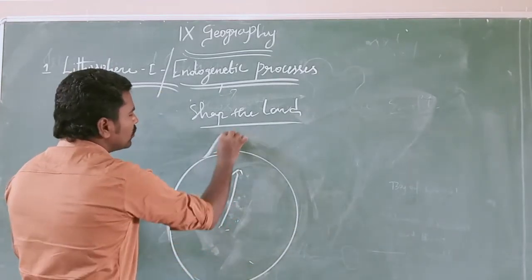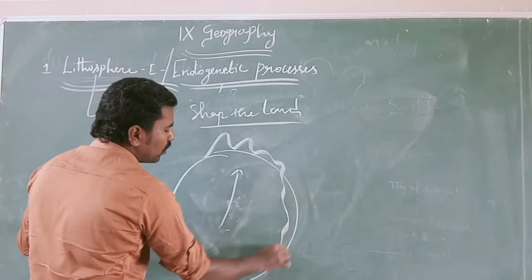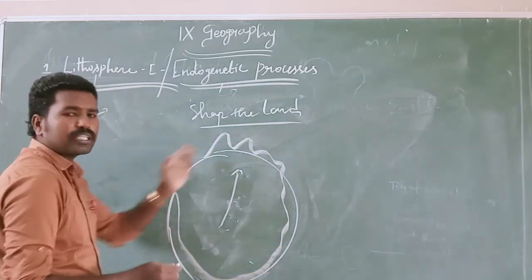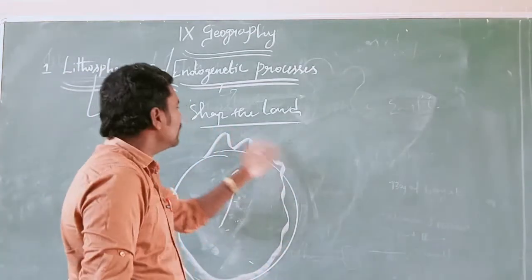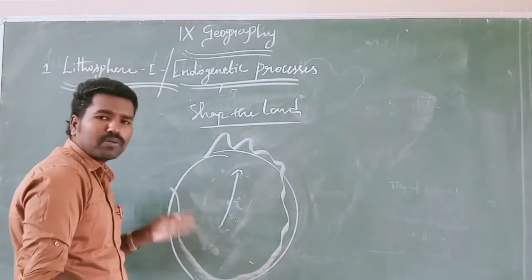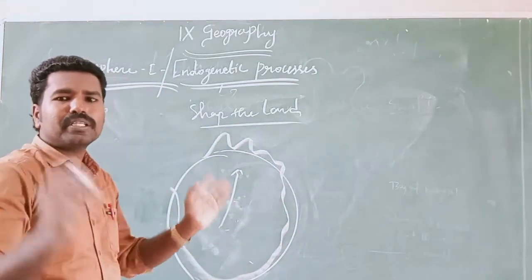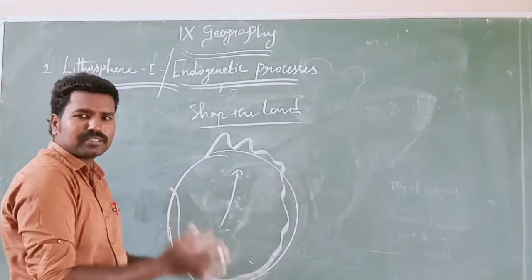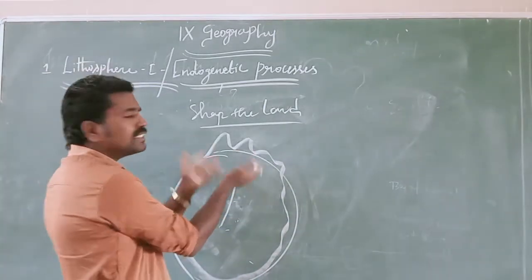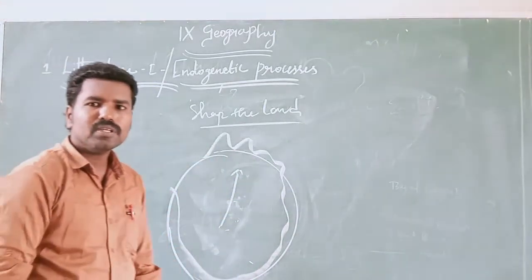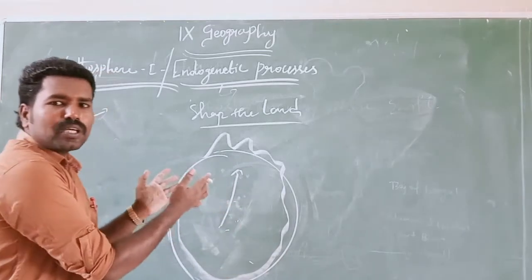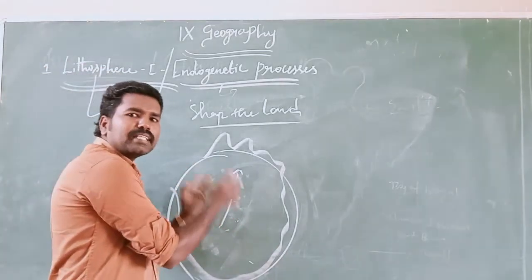Various shapes are found on the surface of the earth, like mountains, plains, plateaus and coastal areas. These are all built by forces that come from the interior part of the earth.